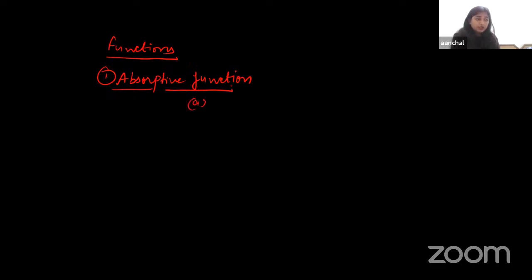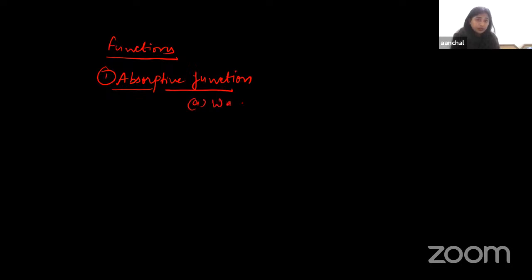So first we have the very important one, that is the absorptive function. In the absorptive function, the large intestine plays a very important role in the absorption of various substances, which includes first the water.